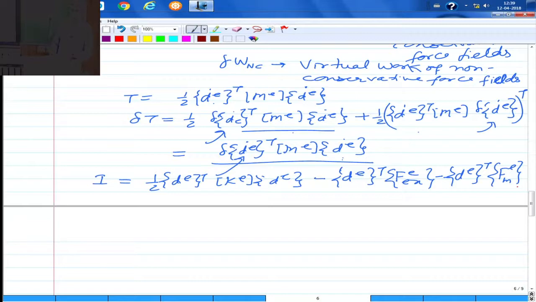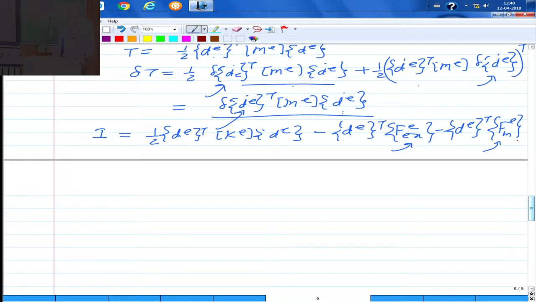As long as the problem is a linear problem, we can write the total potential energy expression like this. But in general these forces are explicit functions of time, so we cannot club this under the potential of conservative forces. The moment the forces are time dependent or velocity dependent, they are non-conservative forces.